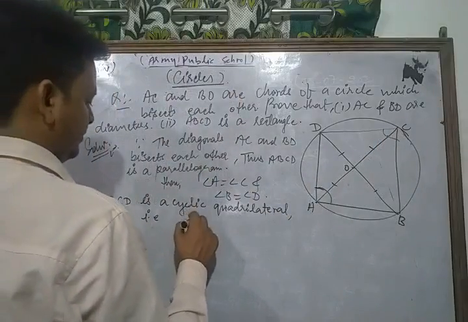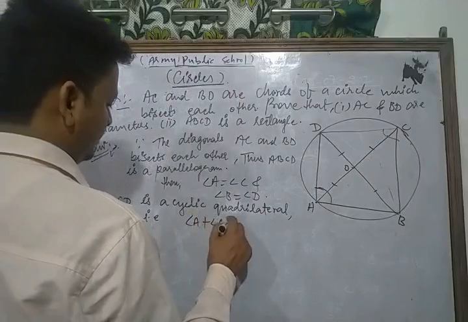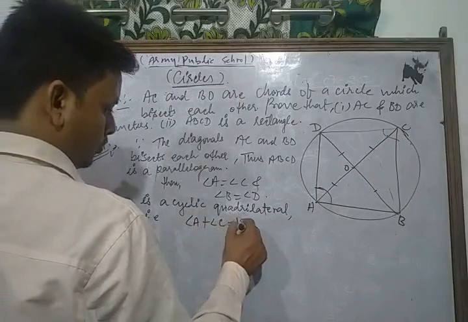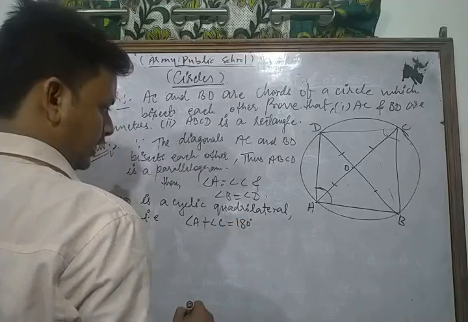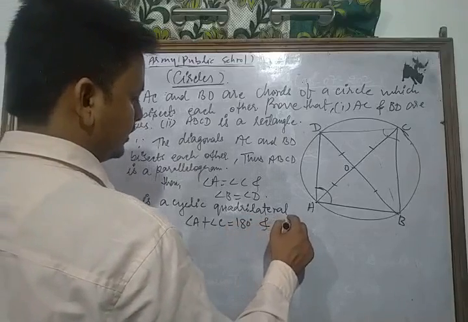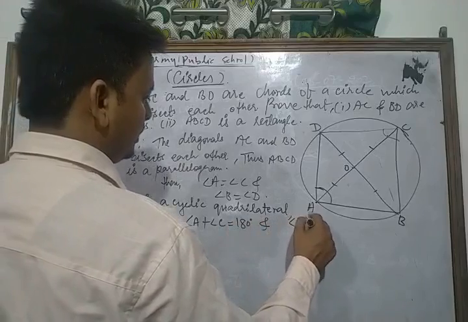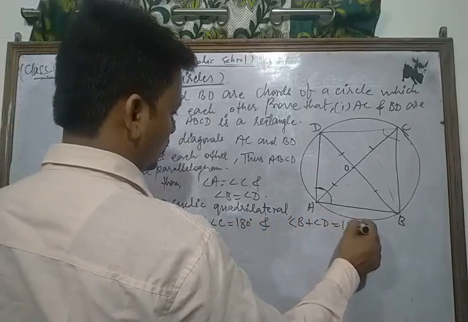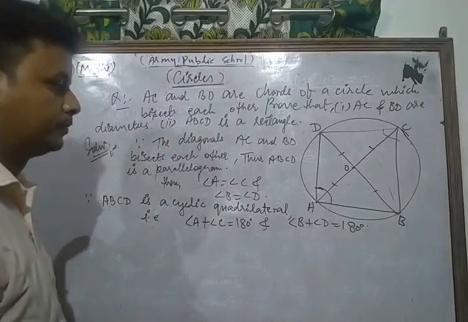That is, angle A plus angle C is equal to 180, as well as angle B plus angle D is equal to 180 degrees.